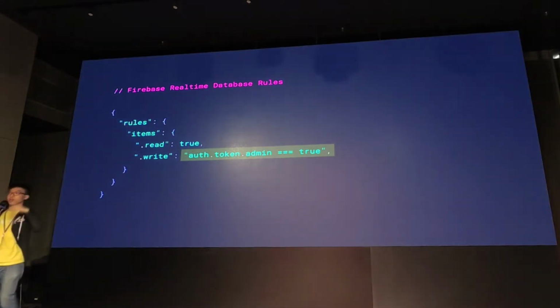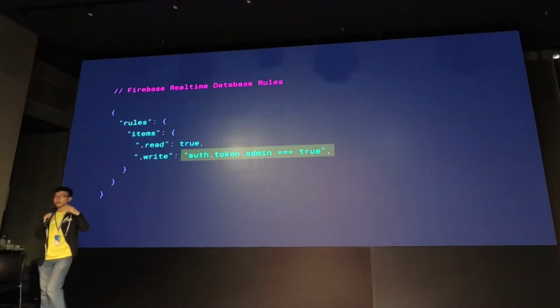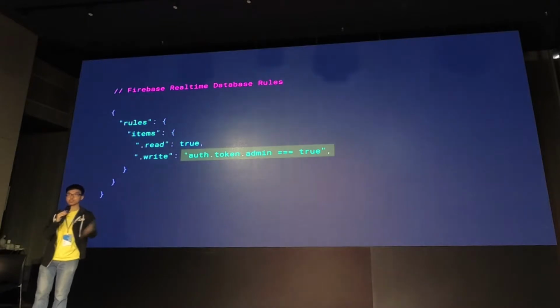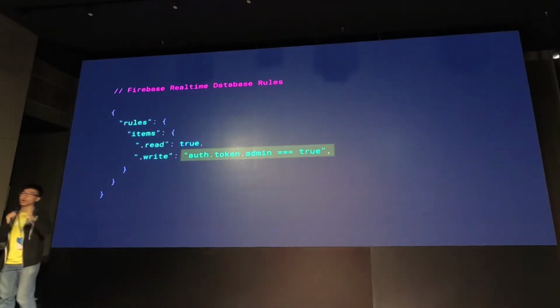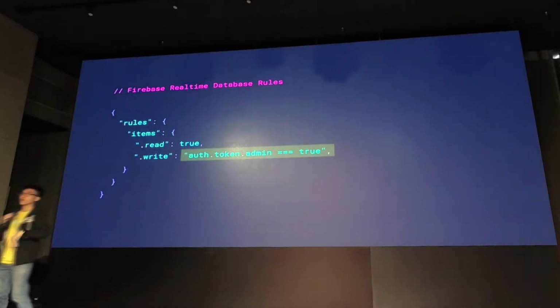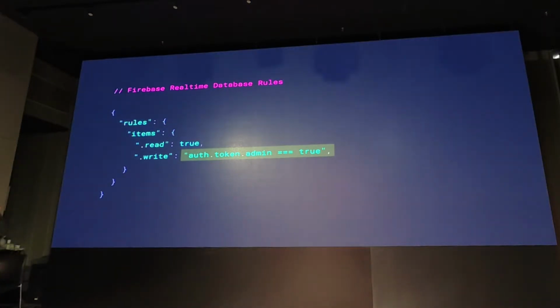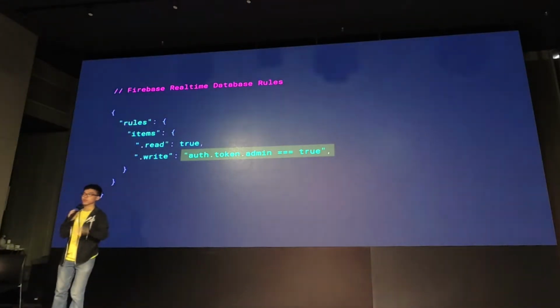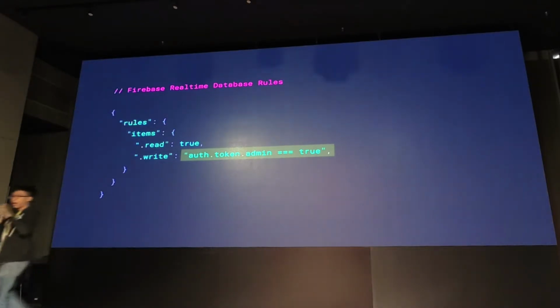Using this method, you can create different types of roles for your application, not limited to two roles. You can have as many as you want. So this one is the rules. You set this, but the token.admin you need to set yourself. How can you set it?